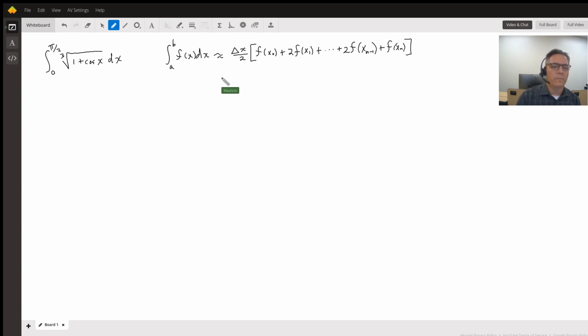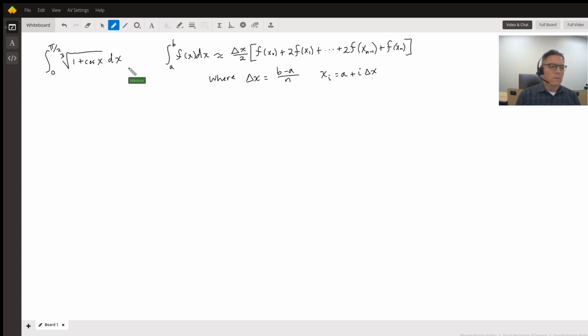Where delta x is defined as b minus a over n, and x sub i is equal to a plus i delta x.